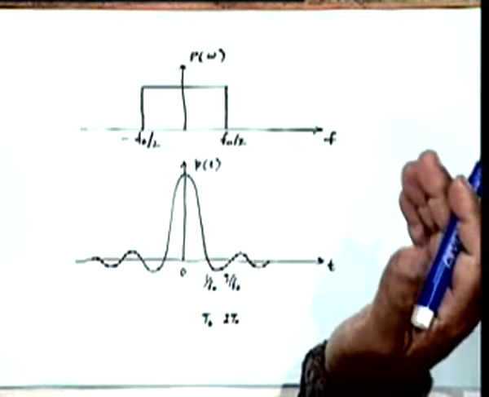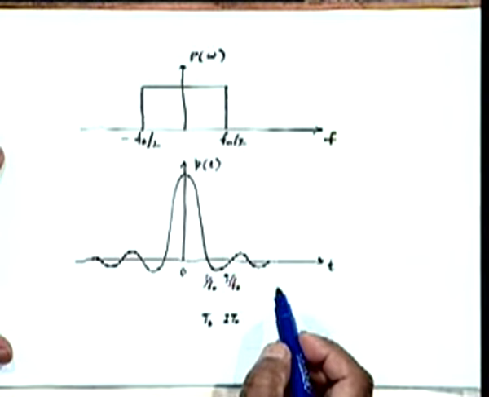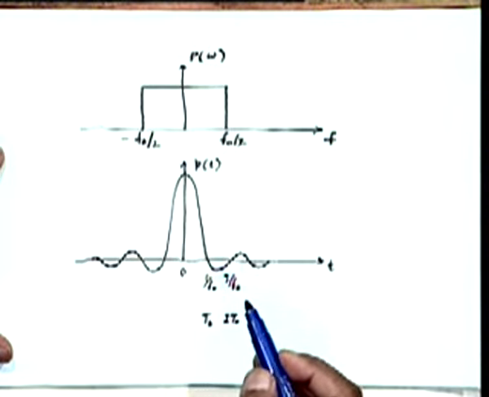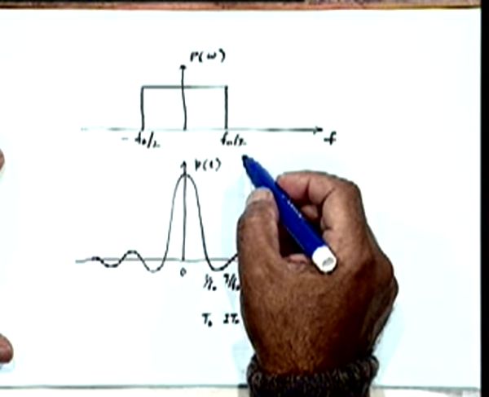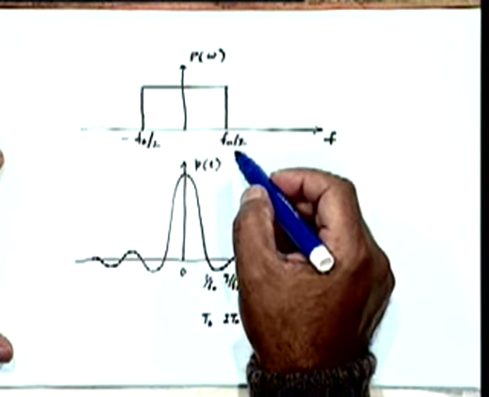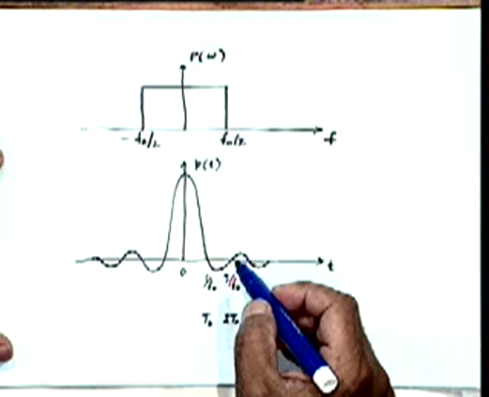This is where that minimum comes from, which I have talked about a number of times in the previous lectures. The smallest bandwidth required to transmit data at a rate of f0 bits per second or f0 symbols per second is f0 by 2 hertz. And the way to do this is to use a sync pulse for transmitting your data.